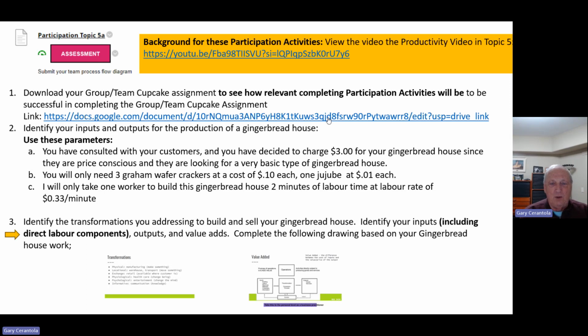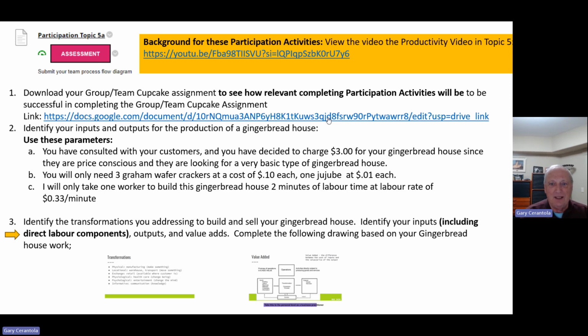Normally, we would get you to do a full-blown assembly of a gingerbread house, and that way you'd have a direct connection to what you're doing, and then you'd have to do productivity analysis on that. But what I'm doing is getting to the quick, and I'm going to tell you what the parameters are.